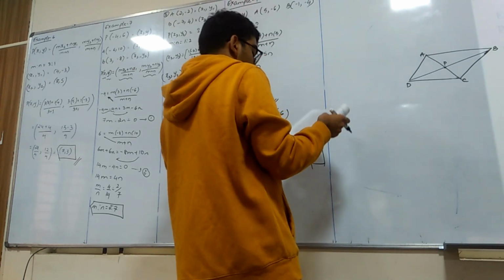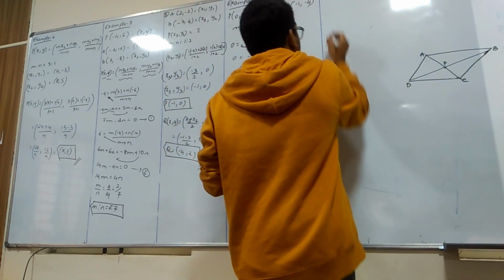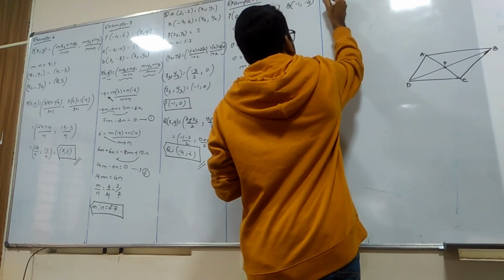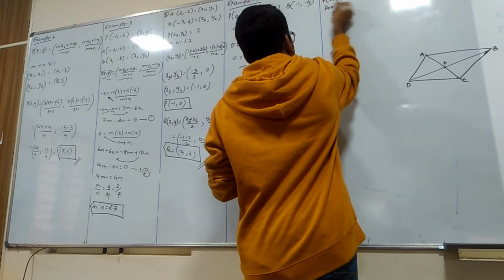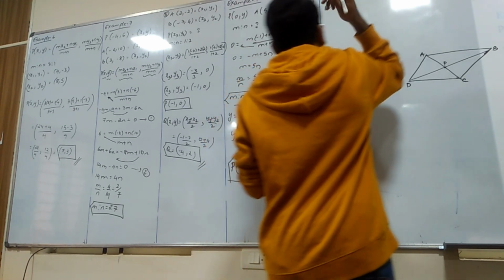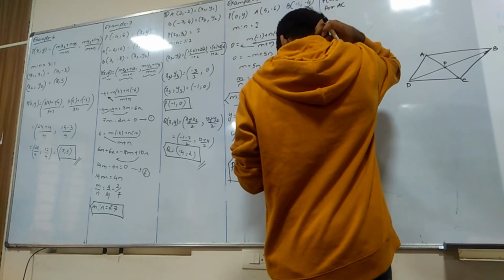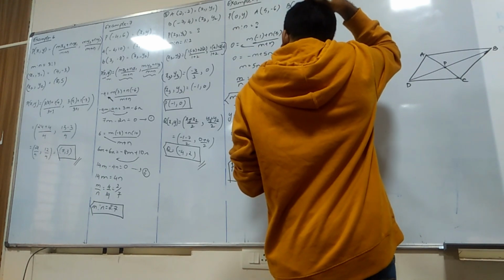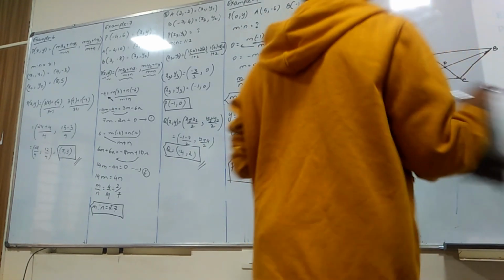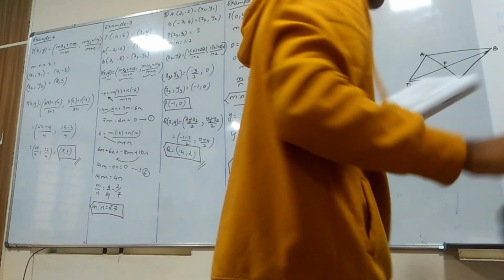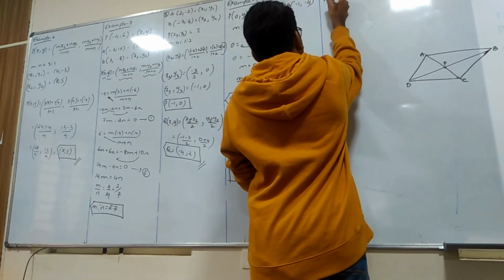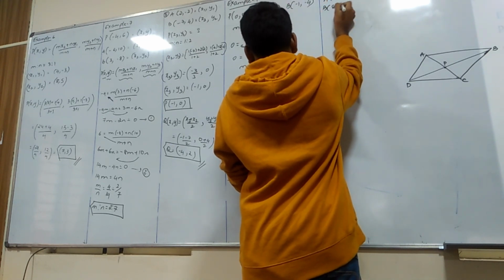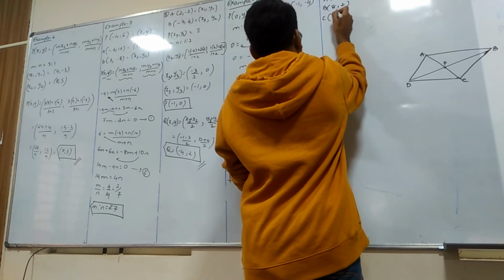So for that, what you will do? Okay, before that, I'll write the coordinates. What is A? 6 comma 1. What is B? 8 comma 2. What is C? 9 comma 4.